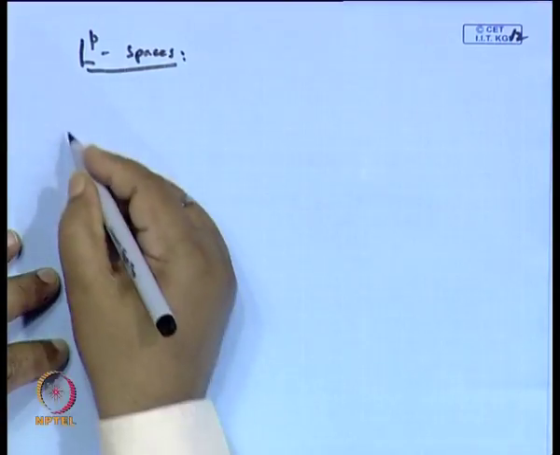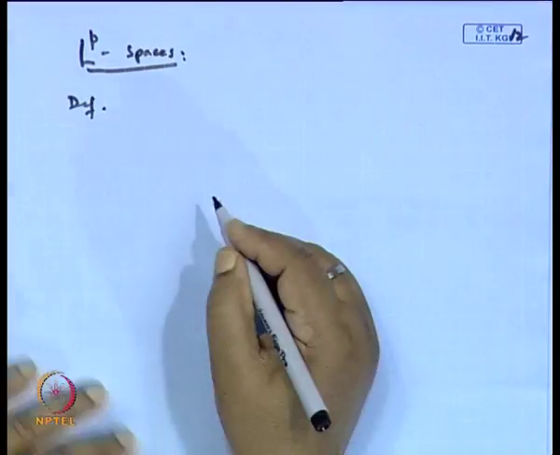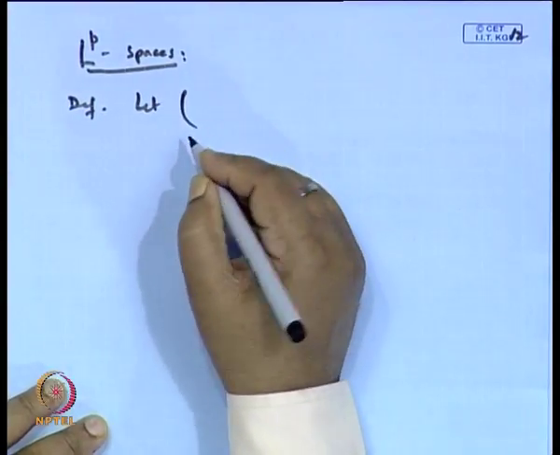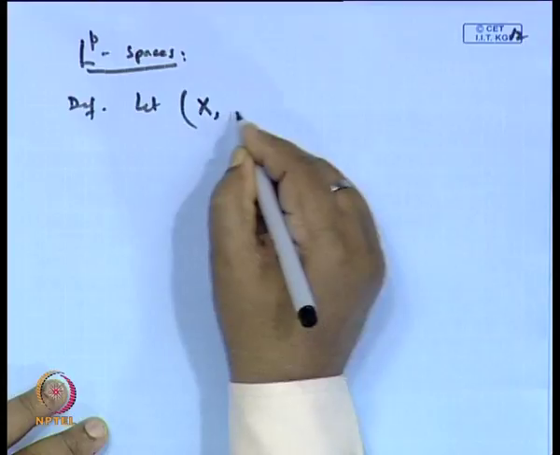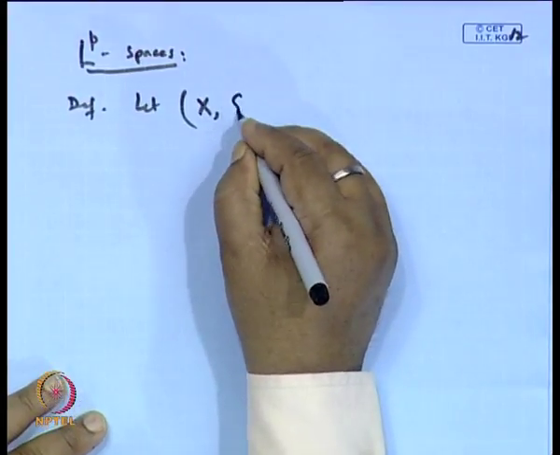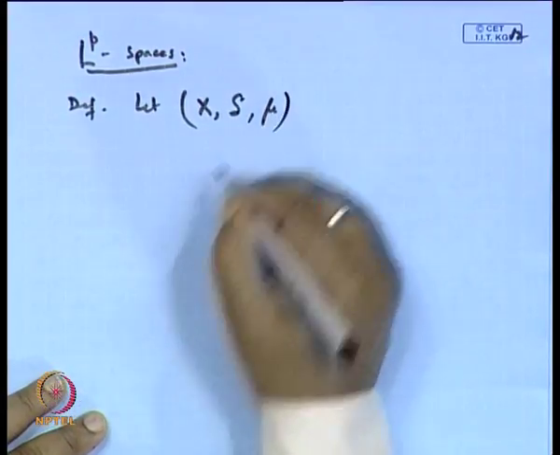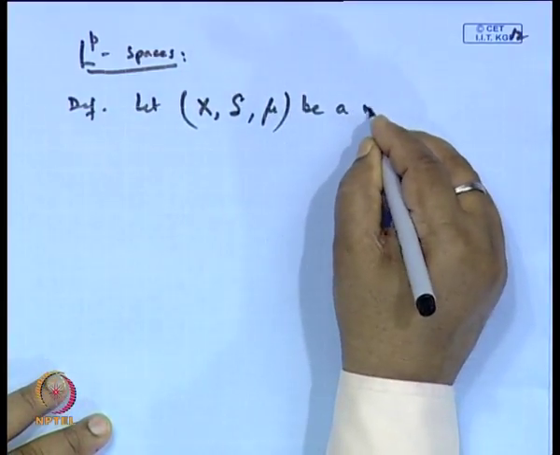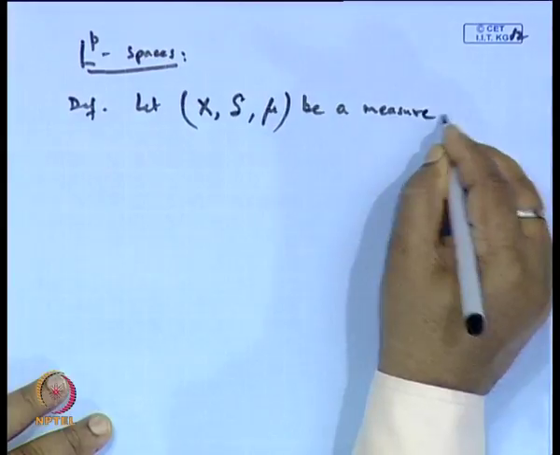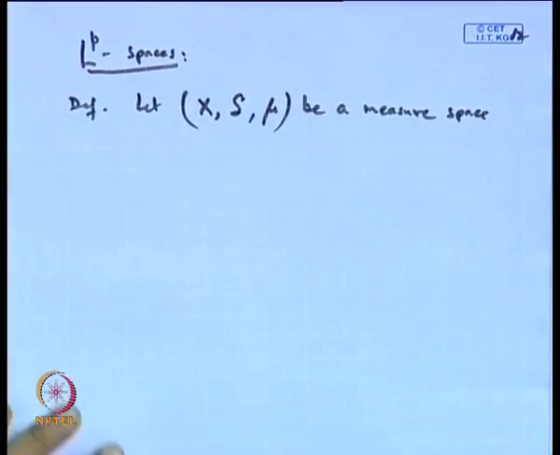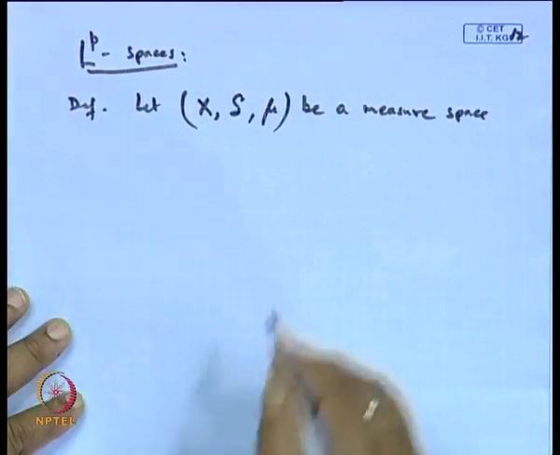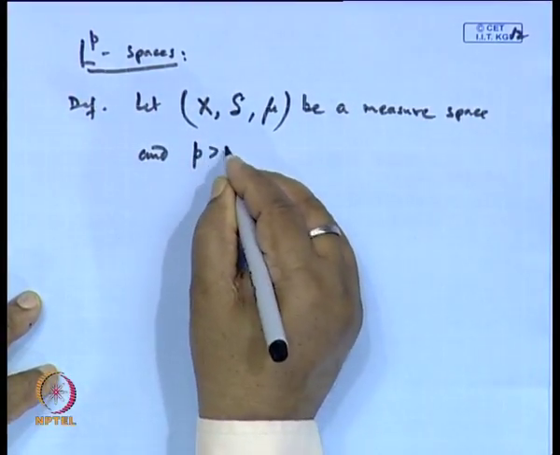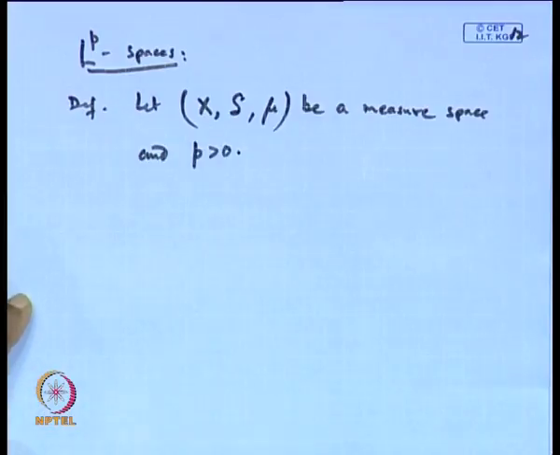So, let X, S and mu be a measure space. What do you mean by the measure space? That I will explain later, and p is greater than 0.